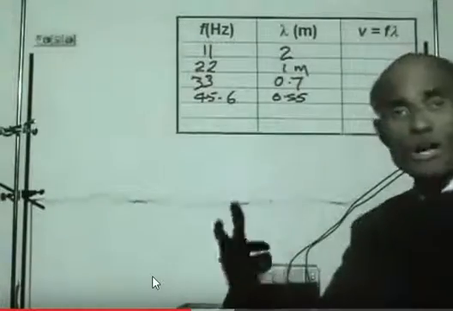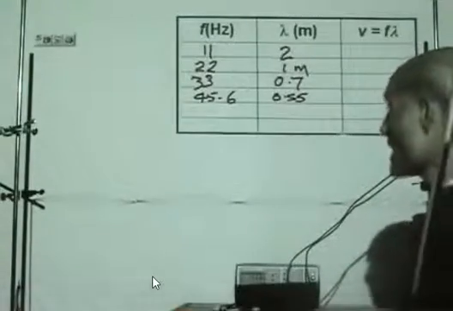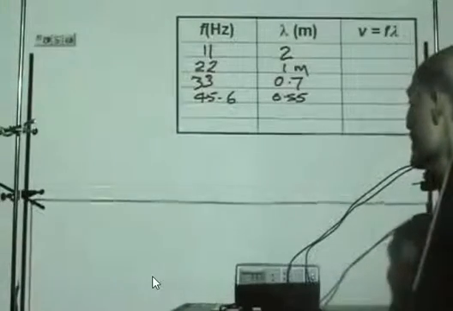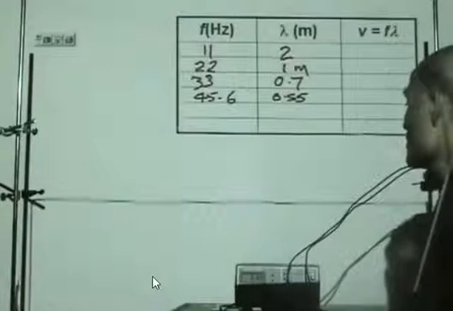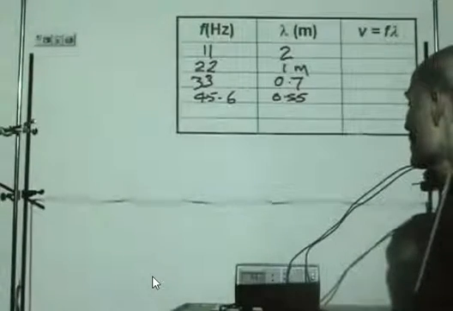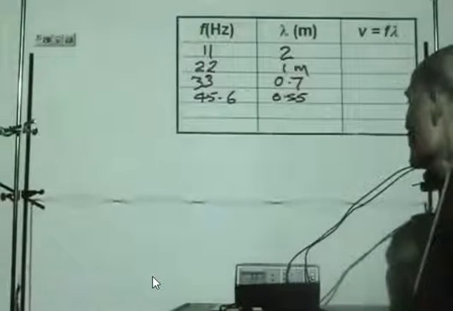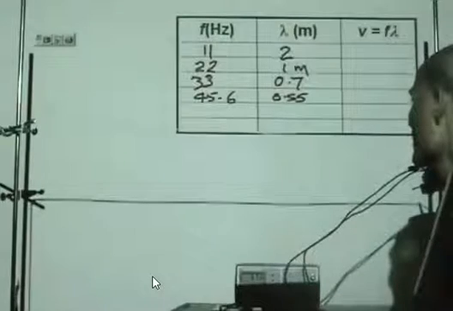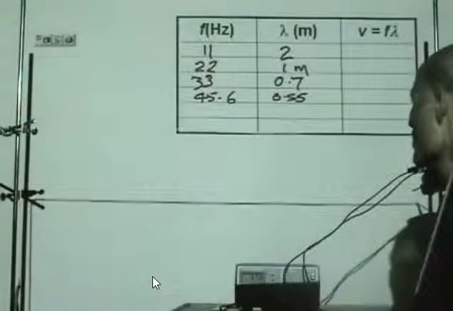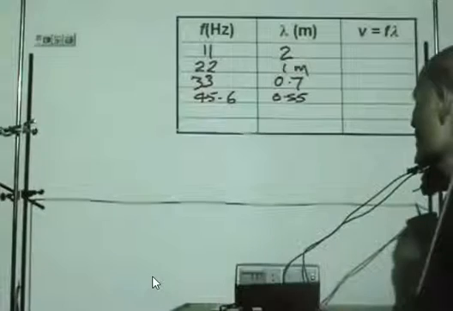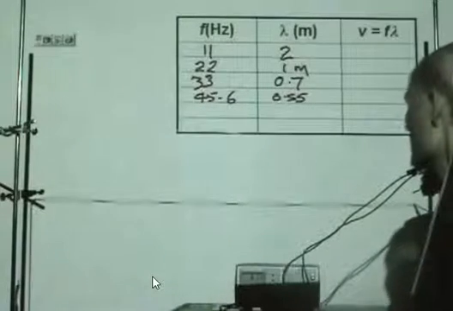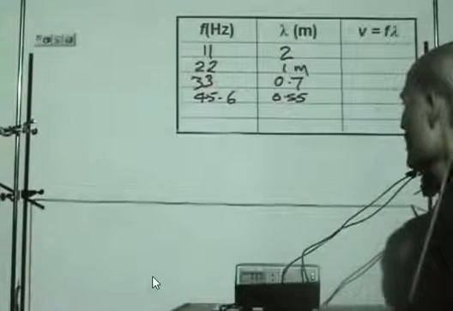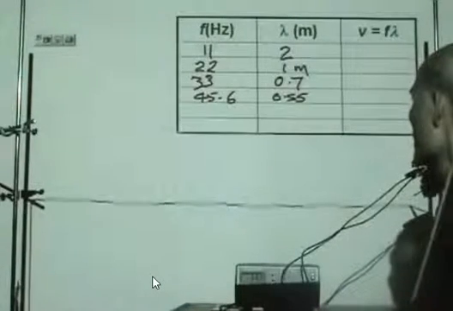Okay, let's now go and look at the next mode. That is the fifth harmonic. Increase the frequency until we get the fifth mode. Alright, look at this. I lost it. No, I didn't get the fifth mode. Where is the fifth mode? There we are.